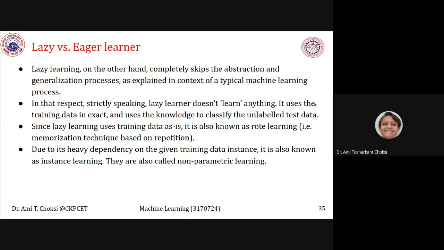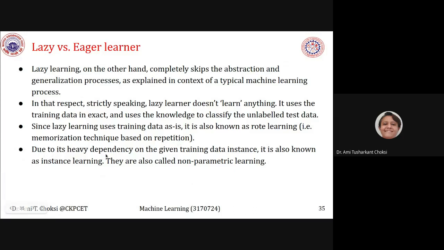It uses the training data in exact form and uses the knowledge to classify the unlabeled test data. Since lazy learning uses training data as is, it is also known as rote learning, that means a memorization technique based on repetition.